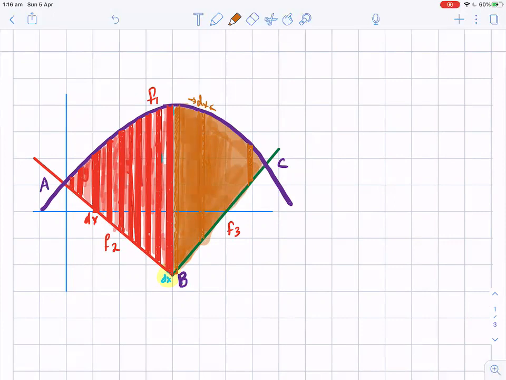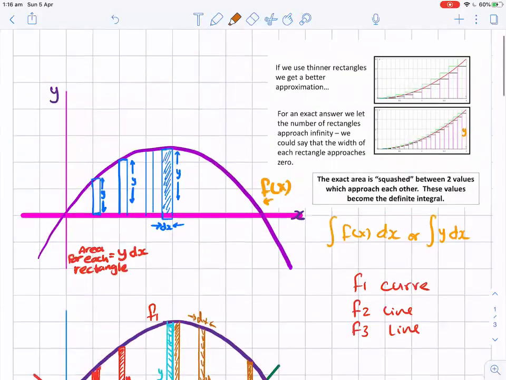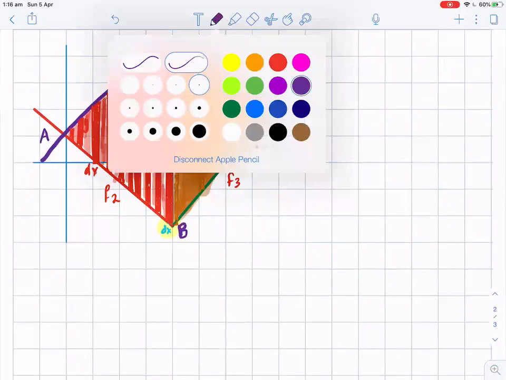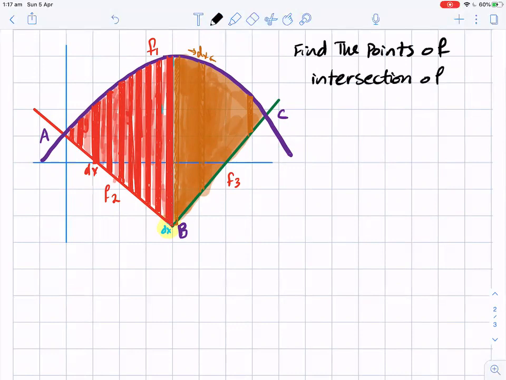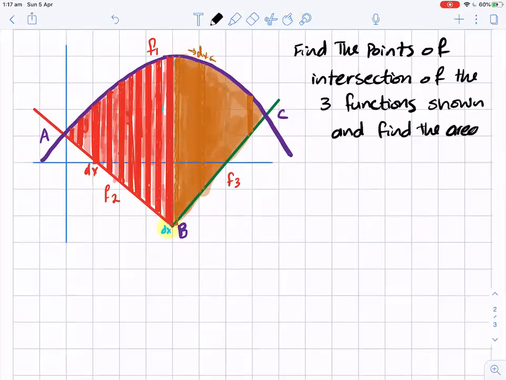Now, the question here is, I'll write it down for you as well: find the points of intersection of the three functions shown, and find the area of the shaded region.